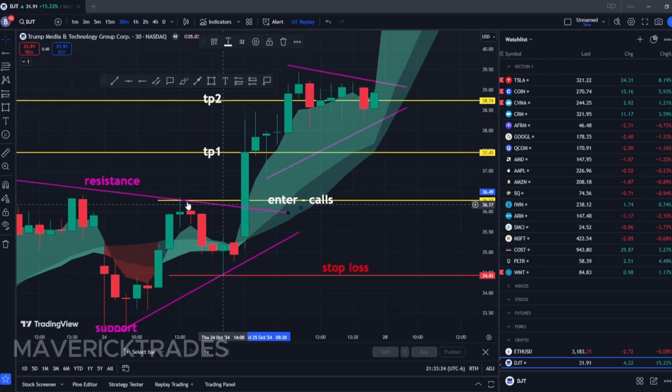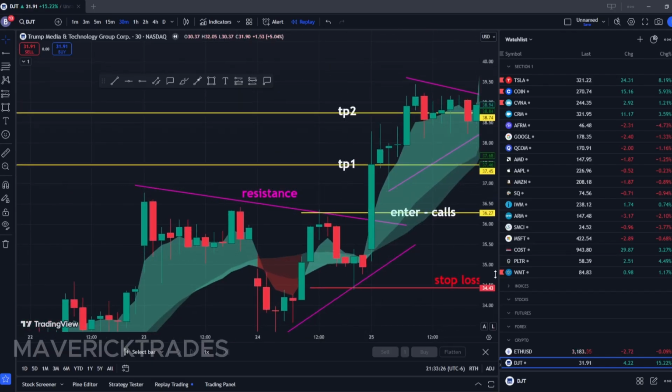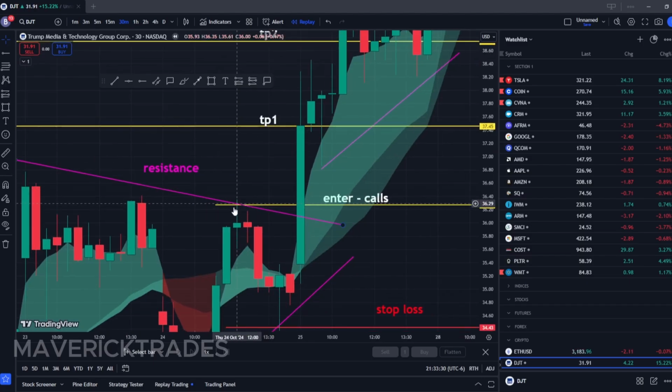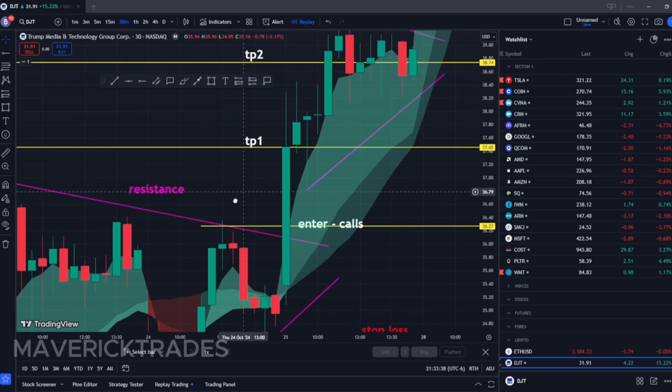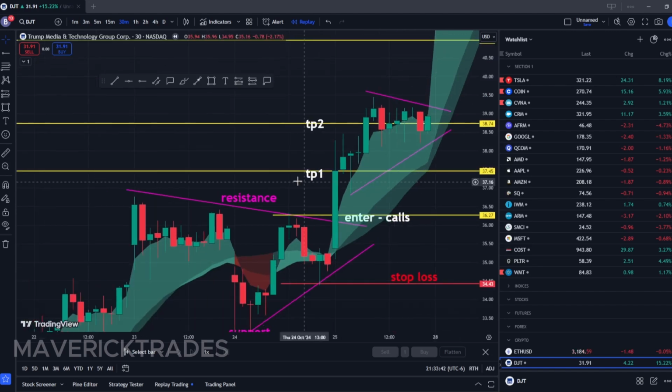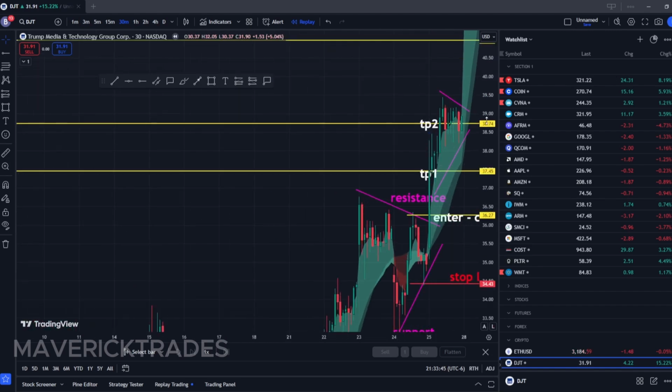But then at the same time, you have these two candles right here where there was a little bit of resistance, right? So once it breaks above here, this is a strong buy for calls, okay?